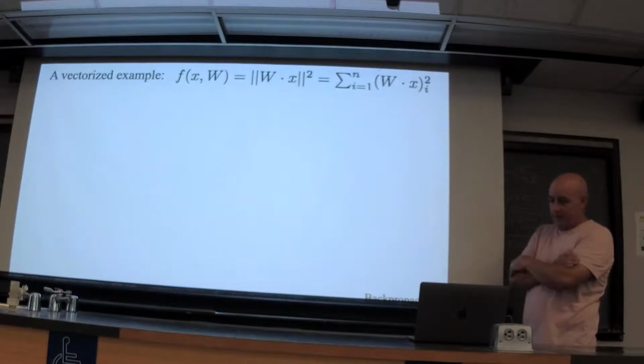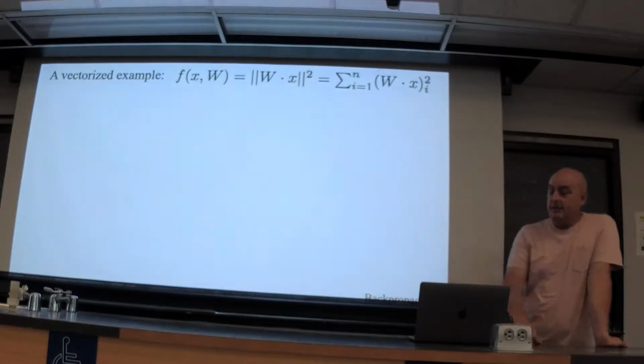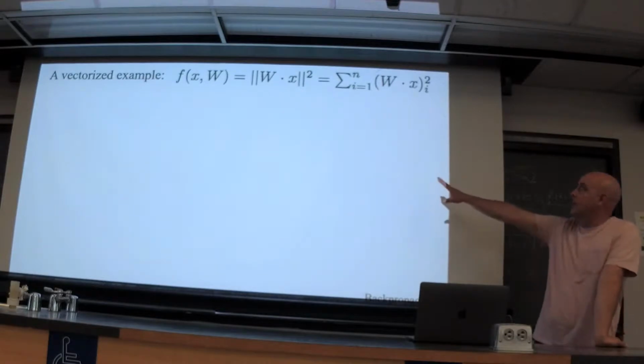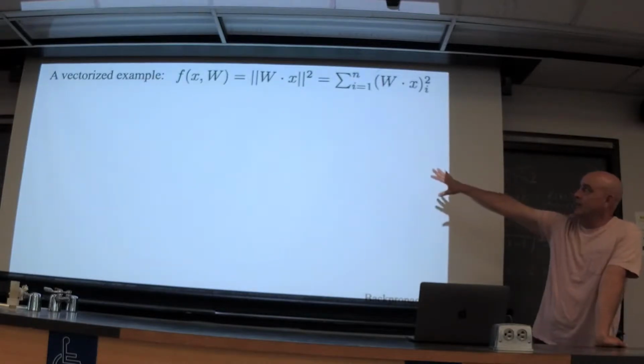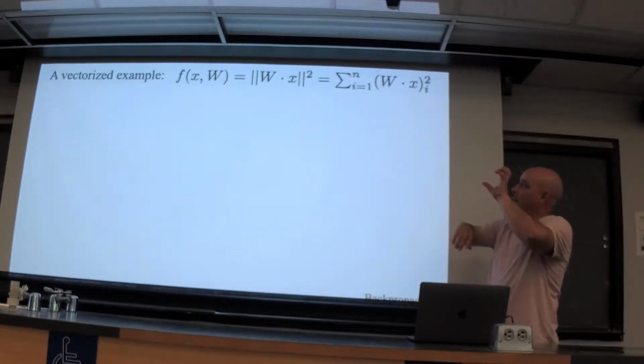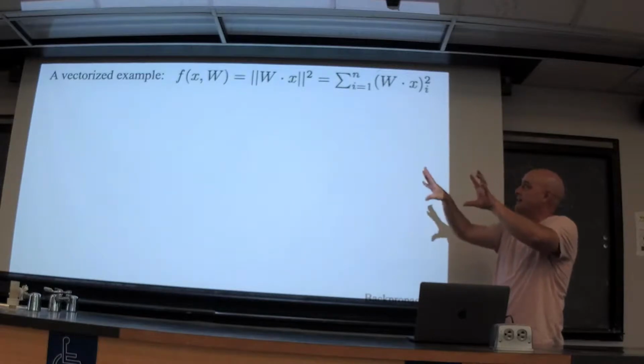All right. So, a vectorized example here to finish out the lecture today. f here is a scalar valued function, and it's going to be the square of the magnitude of our product of W and x.